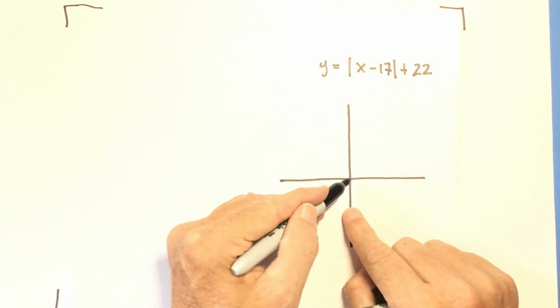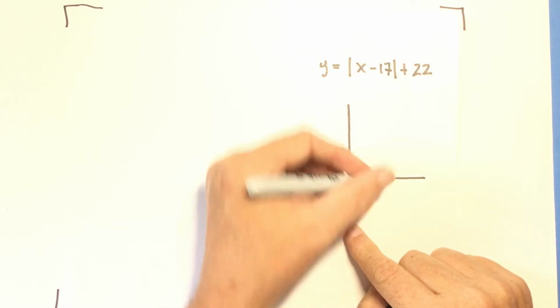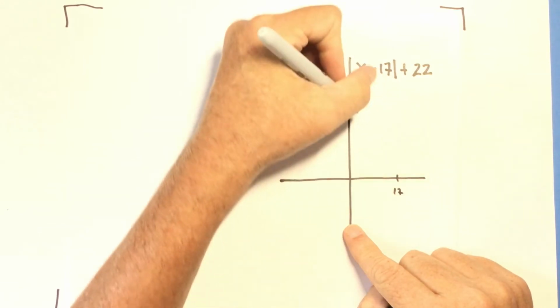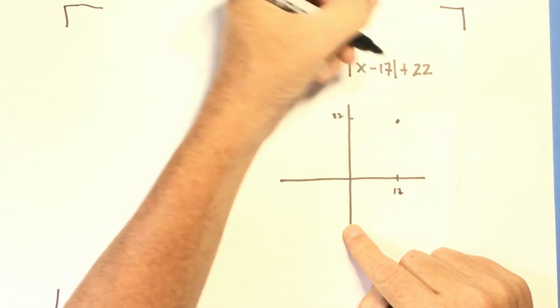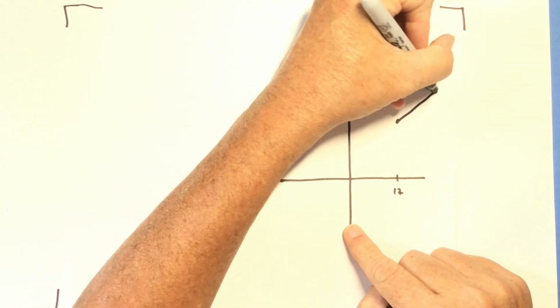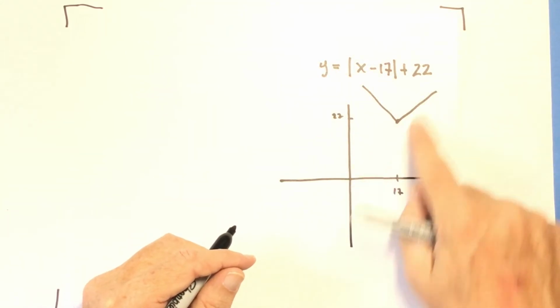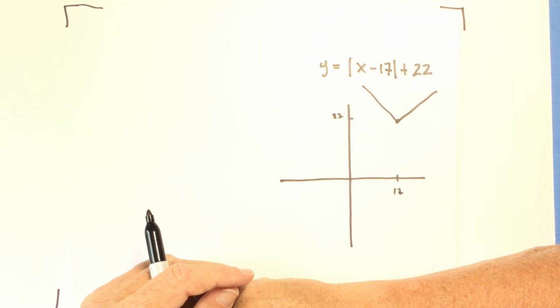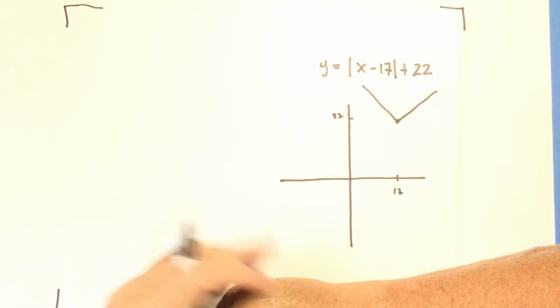So this point that was at the origin in our parent graph, 0, 0, is now at 17, 22. So this new graph is just going to go like that. It did look like that, but that moved it up and over. I know what you're thinking: gee, that's really easy.